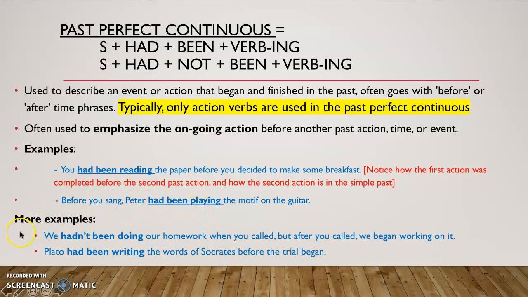More examples: We hadn't been doing our homework when you called, but after you called, we began working on it. And the final example: Plato had been writing the words of Socrates before the trial began. I'm going to reduce that verb "had" down to a "d": Plato'd been. So when I say it, I don't necessarily enunciate that auxiliary verb.